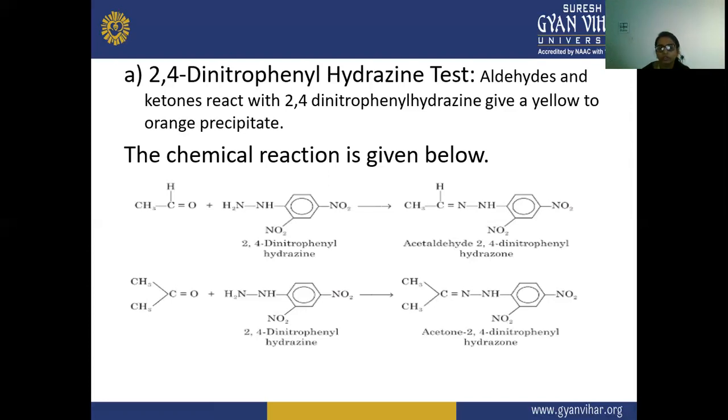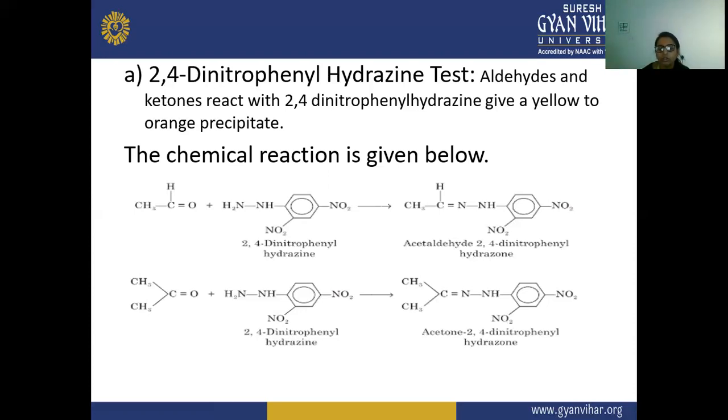So the chemical reaction is: first your aldehyde, and the aldehyde is reacting with 2,4-dinitrophenylhydrazine, where nitro groups are present on the phenyl ring at the second and fourth positions. Here the hydrazine group, NH2NH, reacts, and acetaldehyde 2,4-dinitrophenylhydrazone is formed.